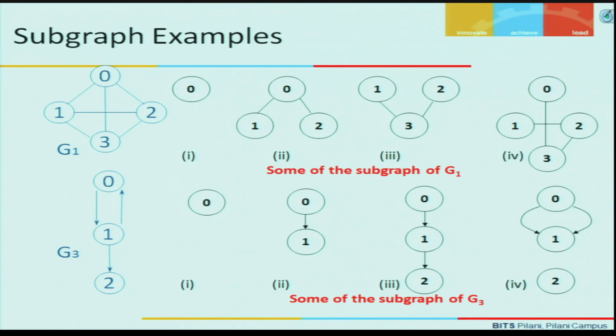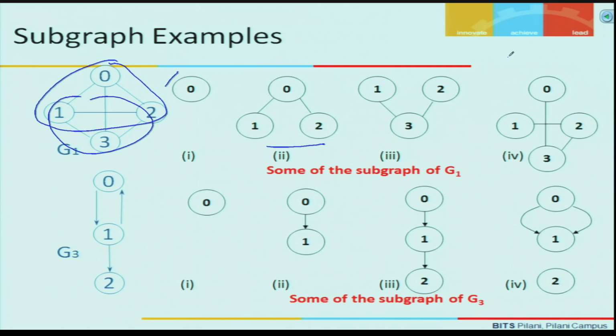These are just some examples of subgraphs. If I look at this particular graph G1, if I just take this one vertex, this is a trivial subgraph. You can just take this part, this becomes a subgraph. You can just take the part below, this also is a subgraph.